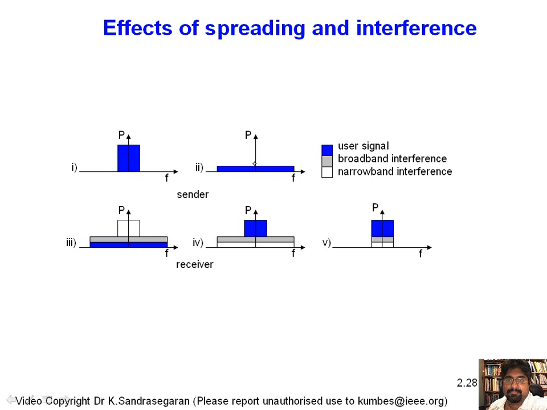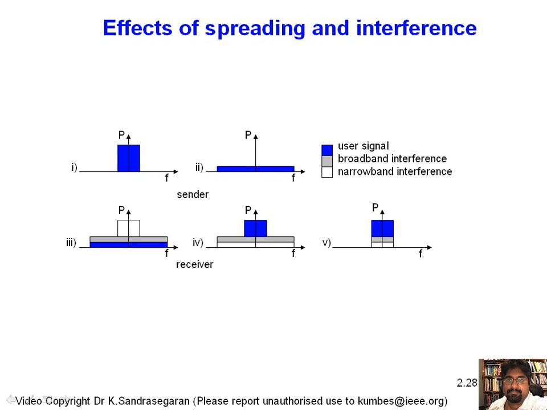So the transmit power of the spread signal is much smaller. So in some ways you cannot notice the difference between the spread signal and interference. And then when you transmit it from the sender, you will have broadband interference and also narrowband interference being added to it.